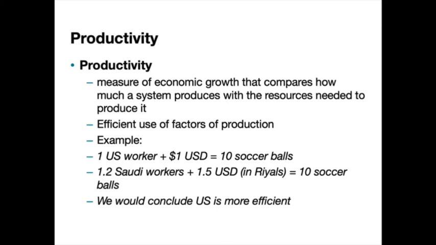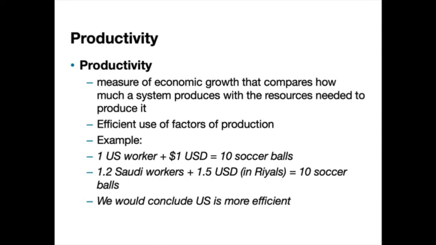We would therefore be able to conclude that with the same amount of time, US production takes fewer labor hours and fewer resources to produce the same output as workers and resource usage in Saudi Arabia. Thus we would conclude that with regard to soccer balls, in this theoretical imaginary example, the US is more efficient.